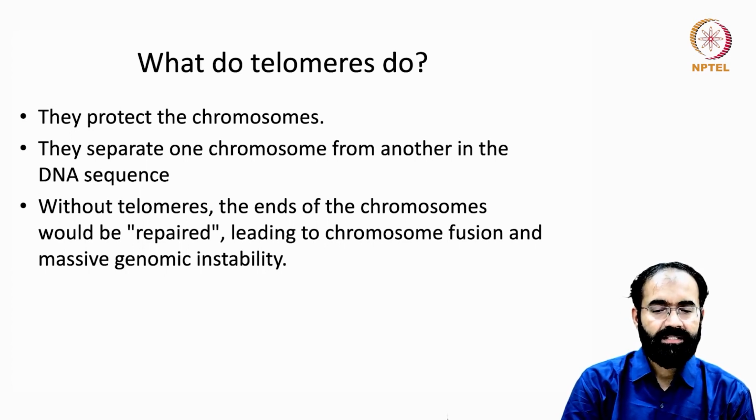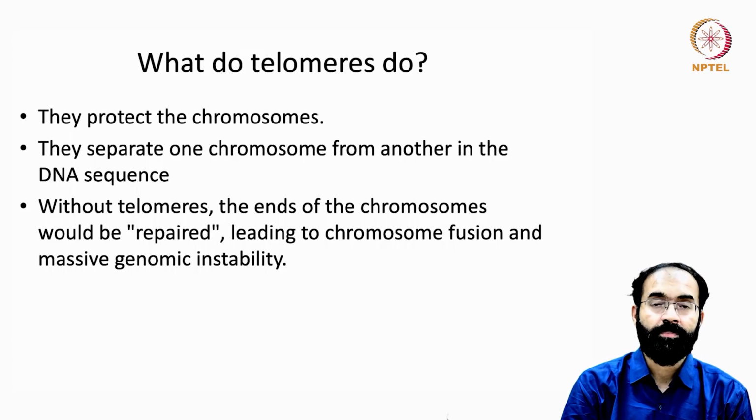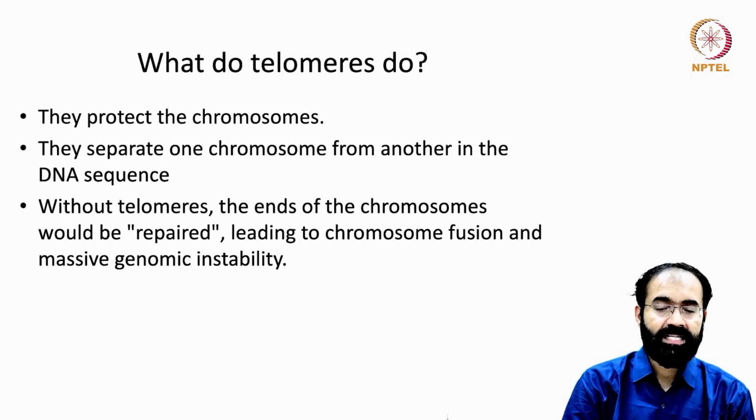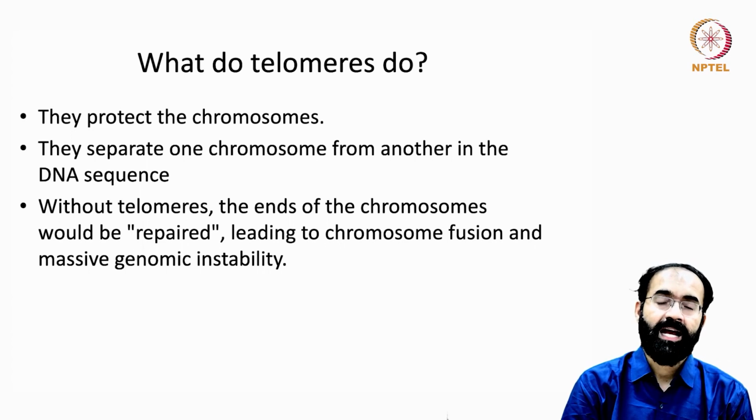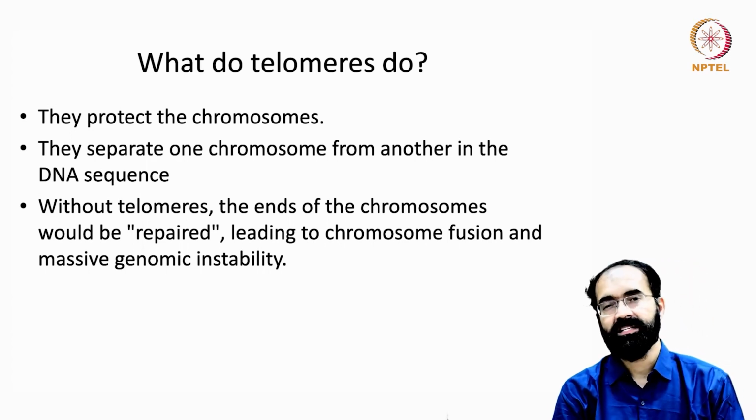Without telomeres, the ends of chromosomes would be repaired, leading to chromosome fusion and massive genomic instability. If a repeat sequence such as telomeres were not there, then the system will sense it as a damaged portion, and it will try to ligate it with another DNA fragment that is available in the cell.